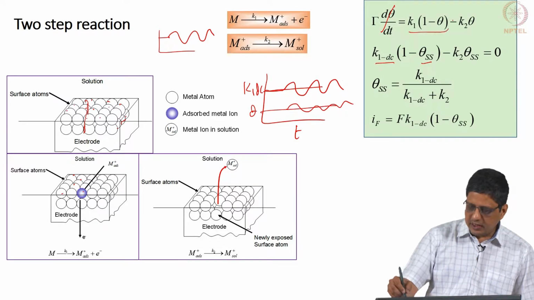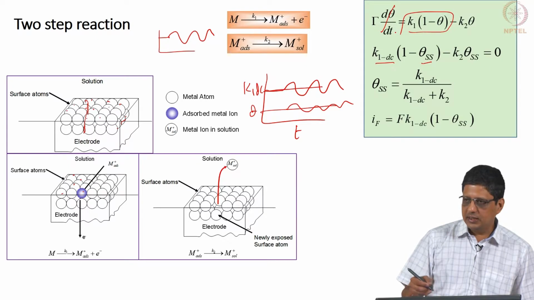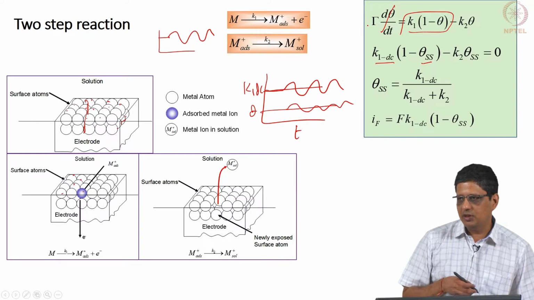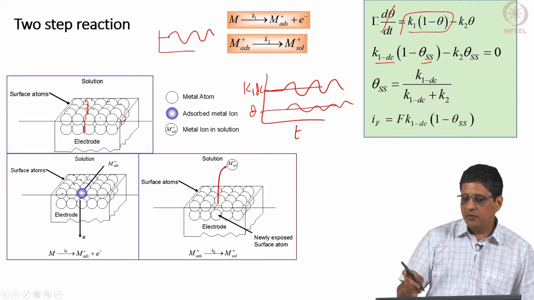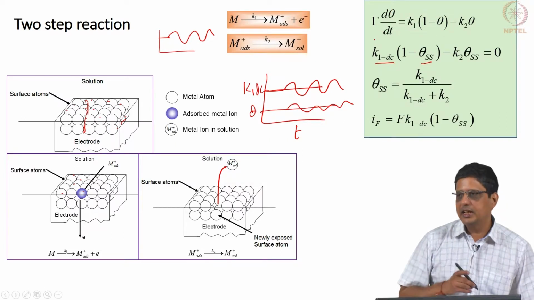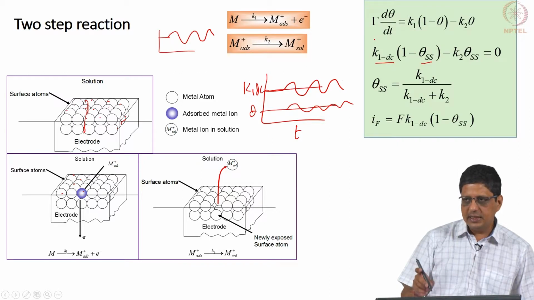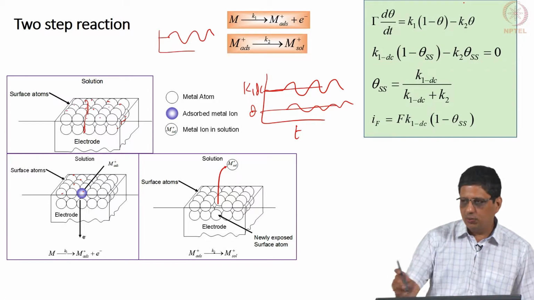The combination of theta and K1 together will tell us how the fractional surface coverage will move as per this equation. So, when we apply AC, we cannot neglect this and we cannot say d theta by dt is 0. When we have DC, when it is under steady state only, we can set this to 0. Under AC, we have to use the full equation.